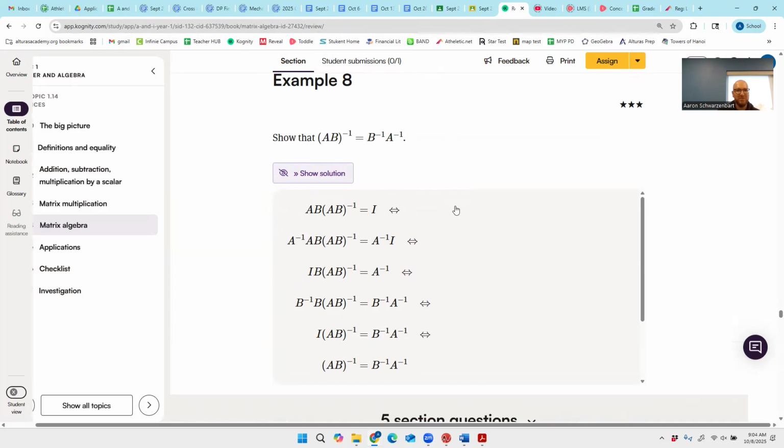Okay, so first step here: AB times AB inverse should equal I, correct? That makes sense? Yes. Now I will multiply both sides by A inverse.